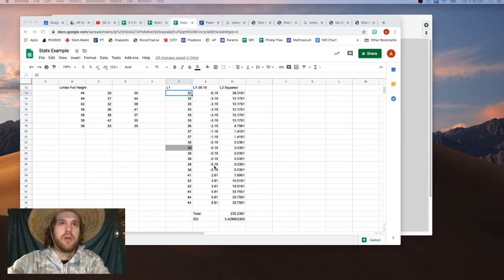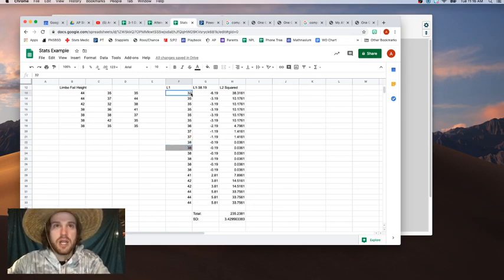For this one, you are not including the median in your calculation of quartile 1 and quartile 3, right? So for here, there are 10 observations. We go 1, 2, 3, 4, 5, and then halfway in between 35 and 35 is 35.